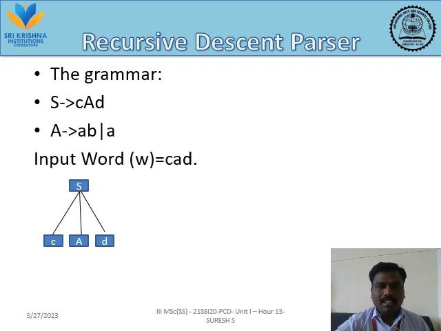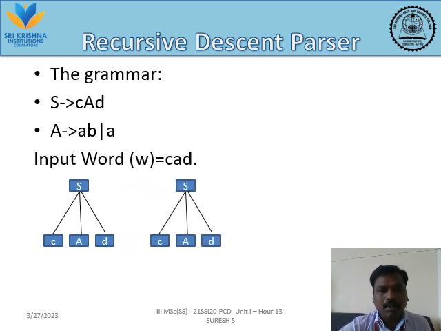Now you're going to understand easily what a recursive descent parser is. Here, S produces CAD, and we consider the first alternate.